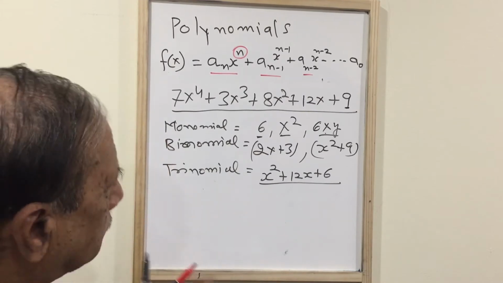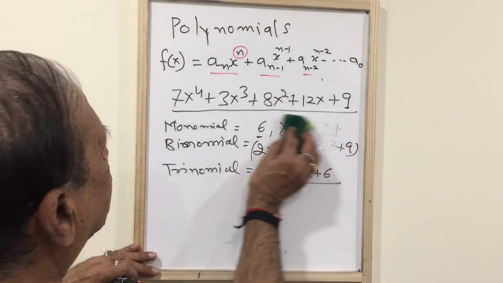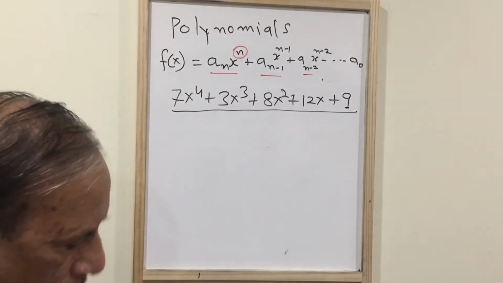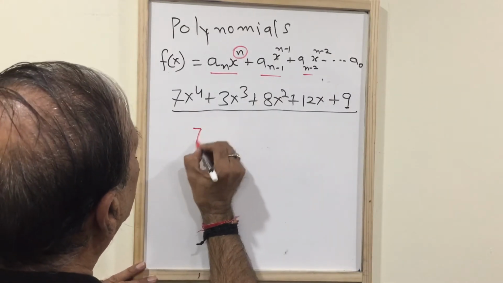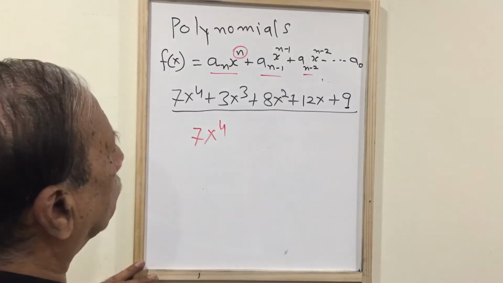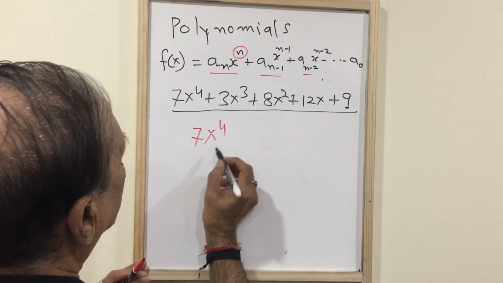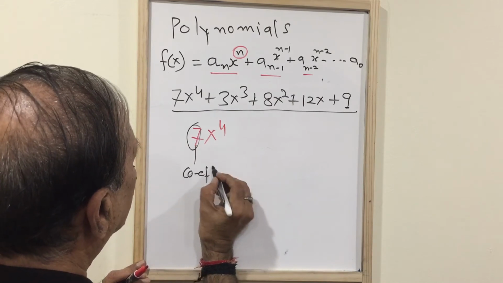Now we will discuss with this equation. I told you earlier also, suppose we have this 7x to the power 4. In 7x to the power 4, this 7 is called the coefficient.